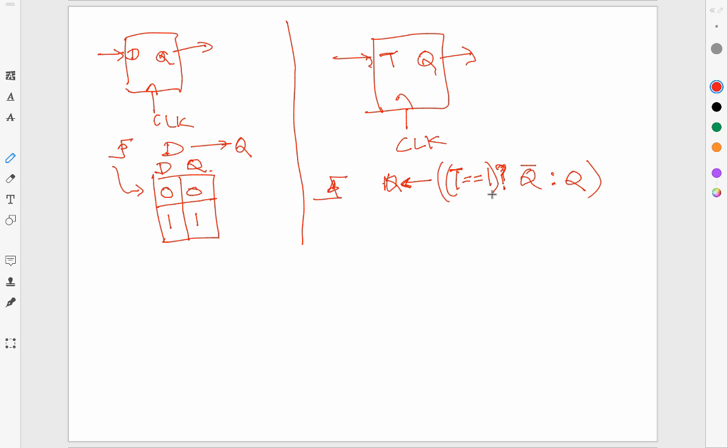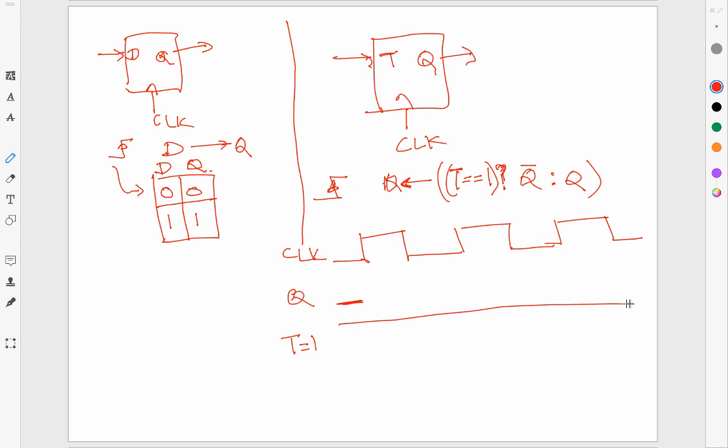Okay, so what would this look like? Let's say I have a clock coming like this, and let's say T was 1 permanently, and let's say Q was initially 0. So T is high.